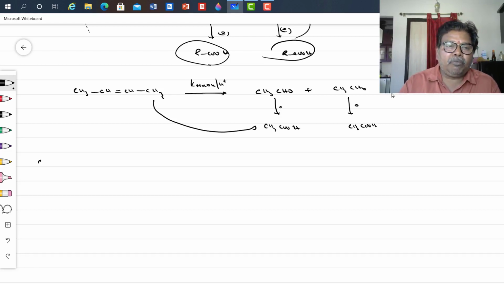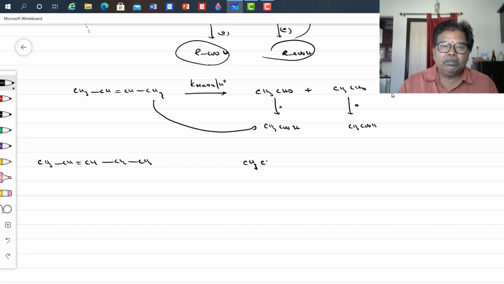Now, suppose you take CH3CH=CHCH2CH3. How to write the products? Split the alkene at the double bond: CH3CHO and CH3CH2CHO, two aldehydes.